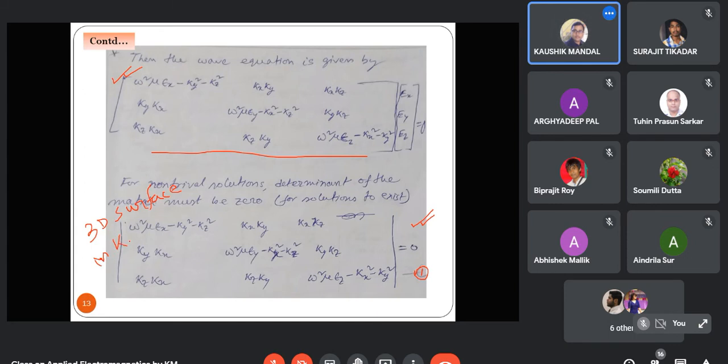That particular surface is known as the normal surface. This is very important for analyzing the properties of anisotropic materials. That's why from the wave equation we considered its matrix form, and for the non-trivial solution the determinant should be 0. This determinant, equation number 1, represents a 3D surface in k space, and this surface is known as the normal surface.